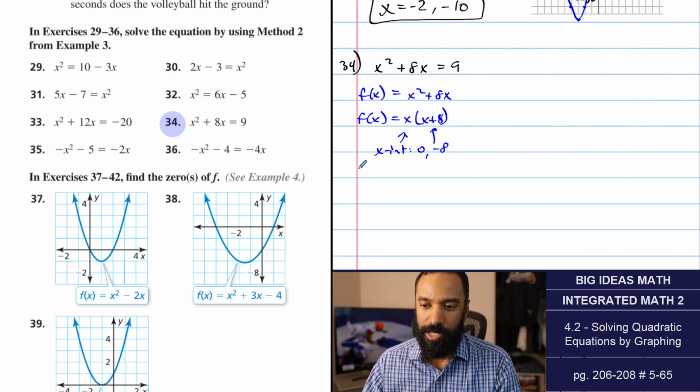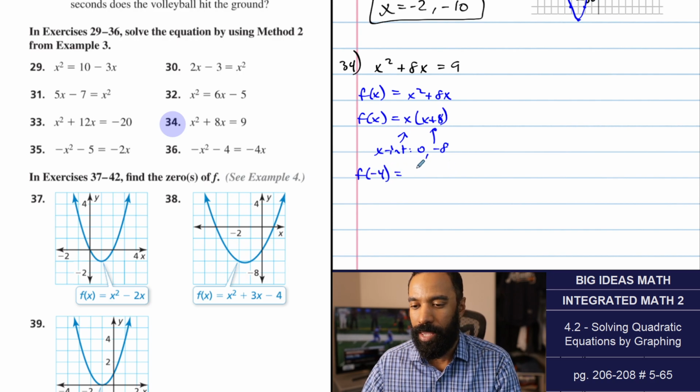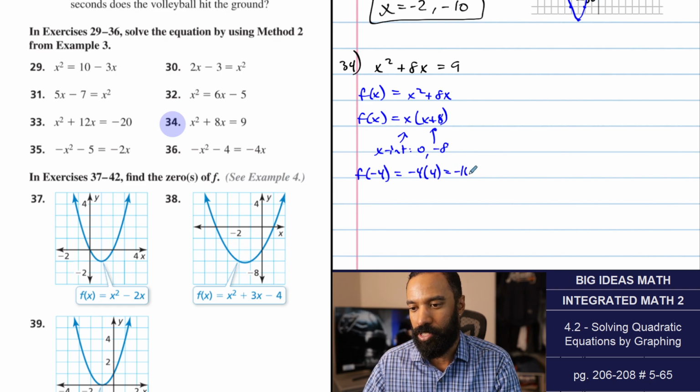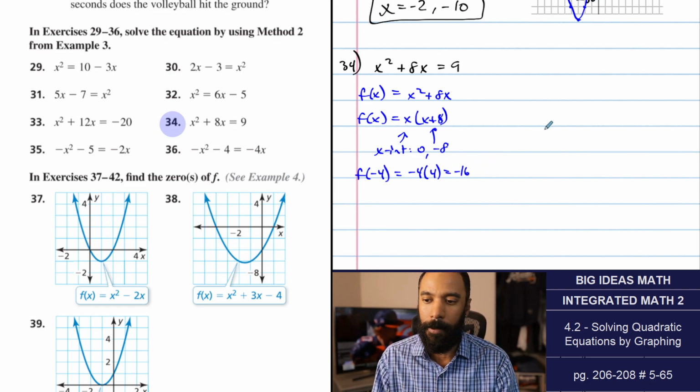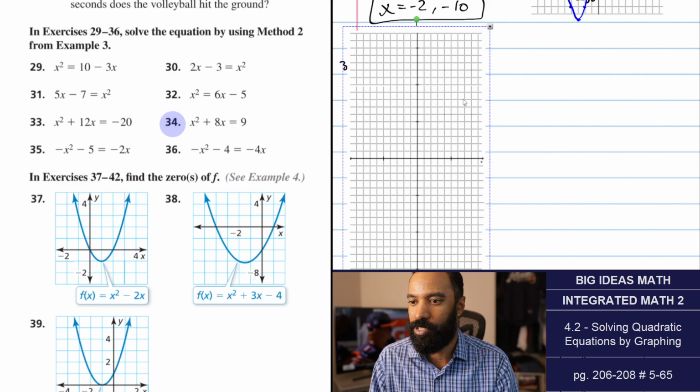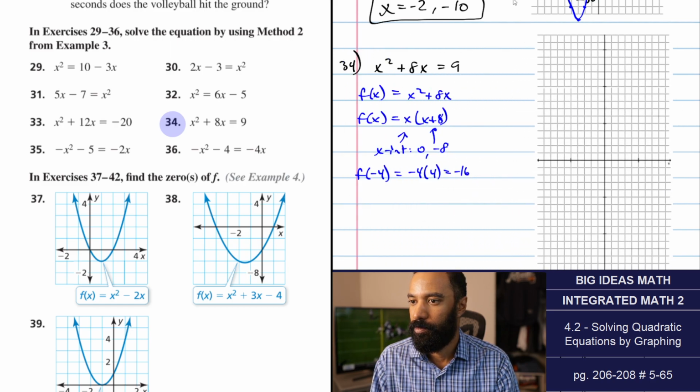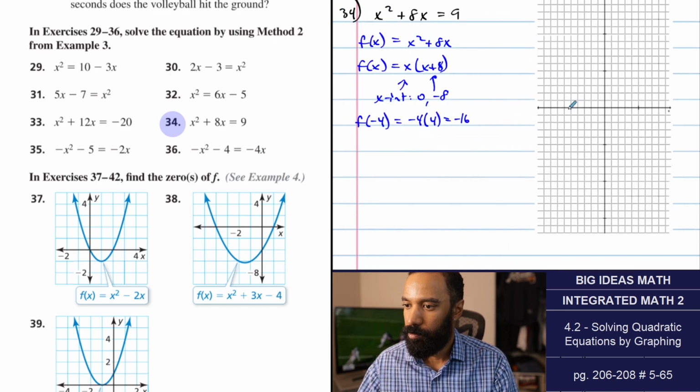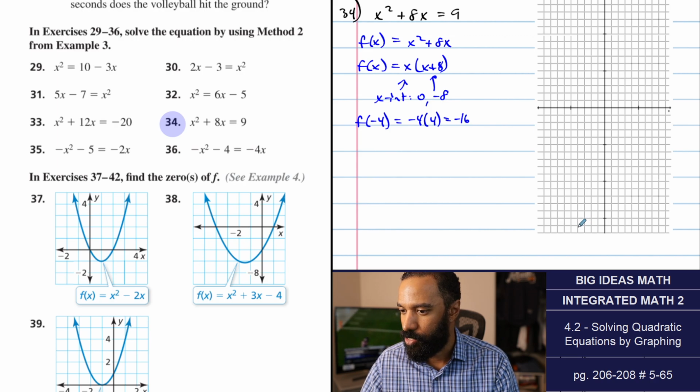The vertex, x value is negative 4. So f of negative 4 is negative 4 times 4, which is negative 16. Okay, this will fit on the graph here at negative 4, negative 16. Negative 4, negative 16 right here. Stretch factor of 1.